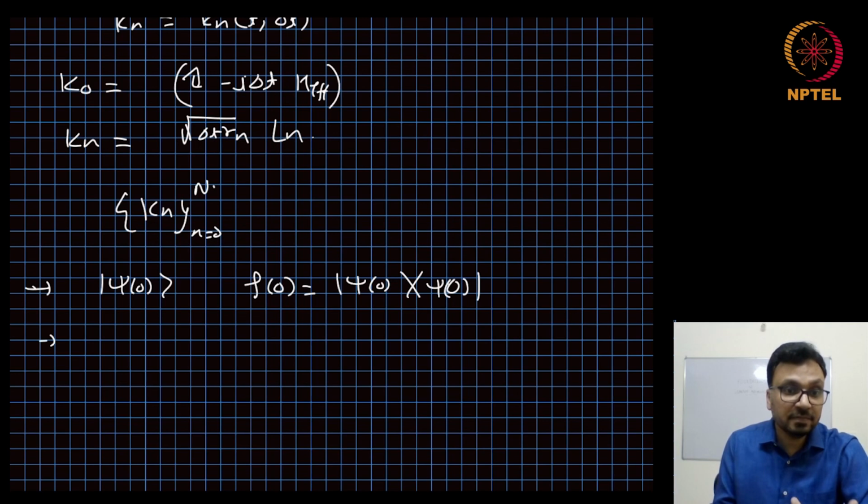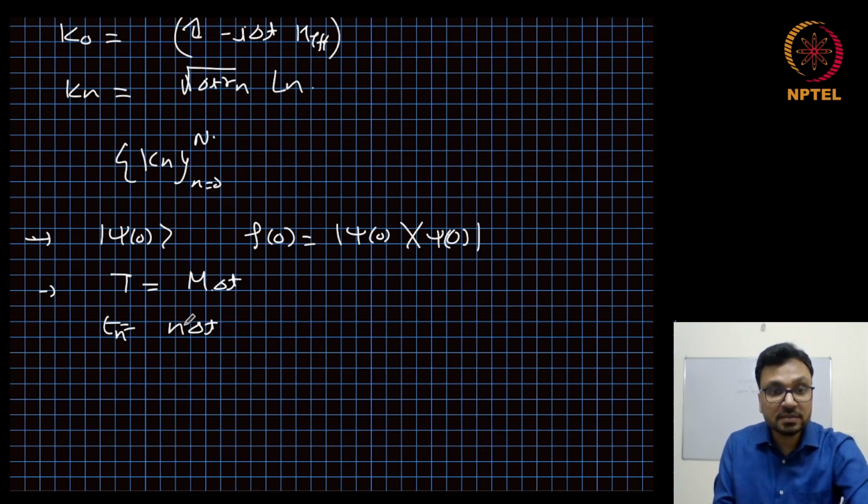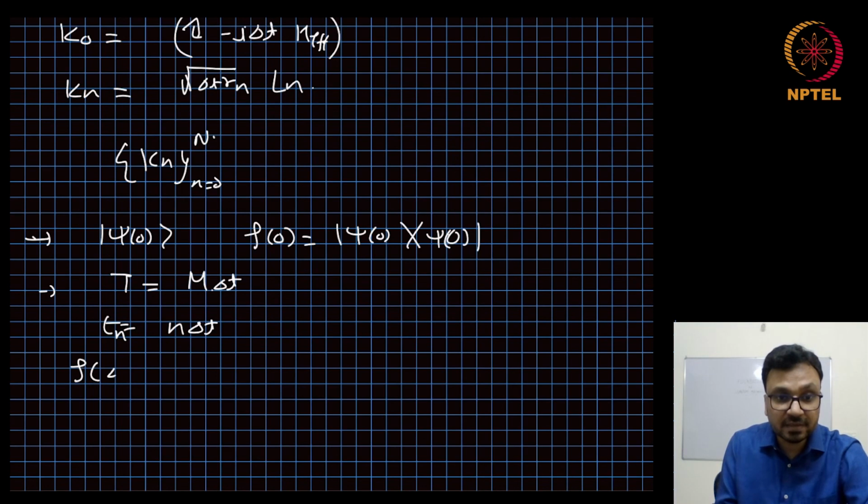So we have total time t, which is some m times delta t, where m is some large integer. So now we will talk about time t_n, which is n times delta t. So the state at time delta t will be sum over n, Kn at 0, rho at 0, Kn at 0 dagger.